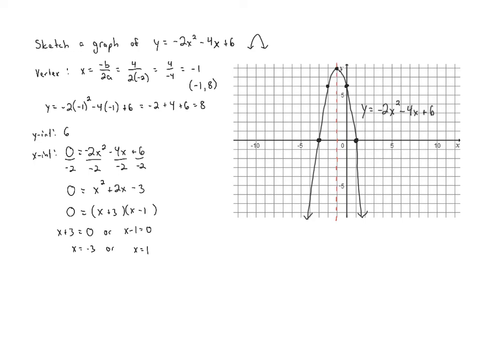Whenever we're doing a problem like this, we want to make sure that we figure out if it's opening upward or downward, and we can do that by looking at the leading coefficient. We want to figure out what the vertex is going to be, and that comes from the formula x equals the opposite of b over 2a. We want to figure out the y-intercept, and the y-intercept comes from the constant term.